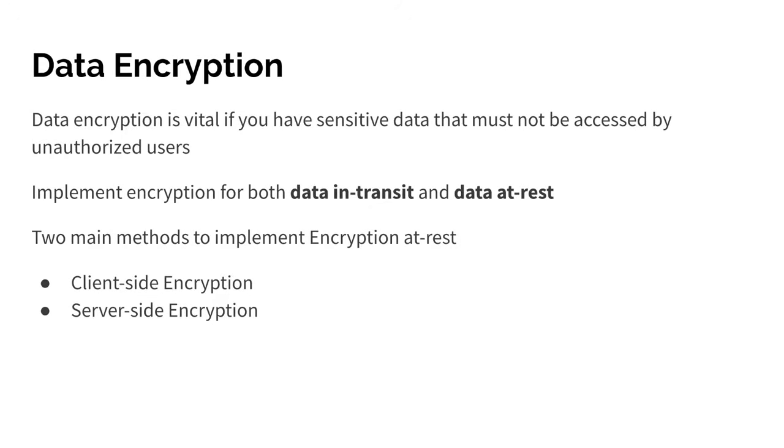Now, when it comes to encryption of your data, you must consider encrypting your data both in transit as well as in data at rest. Now, imagine that you are delivering your website over HTTPS and you have associated a SSL certificate for your domain. So, the data that is transferred between your server and the customer's web browsers are encrypted.